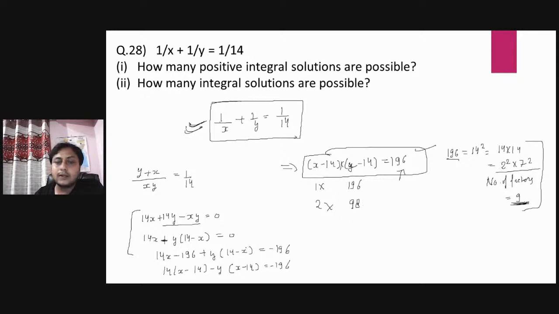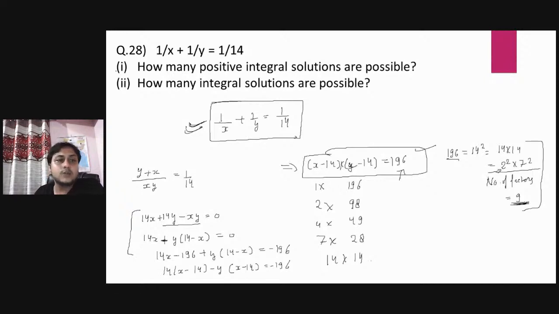When you take 4 common, it becomes 4 into 7 square, means 4 into 49. We can also write it as 7 into 28, and 14 into 14, right? With the help of this we can easily break this number 196 as a product of two numbers.